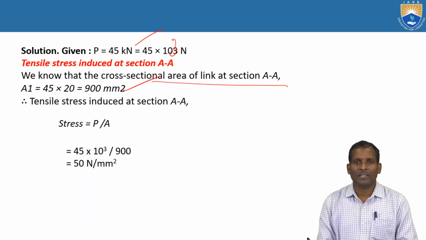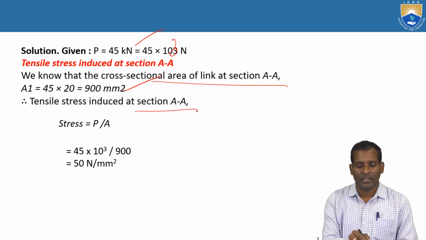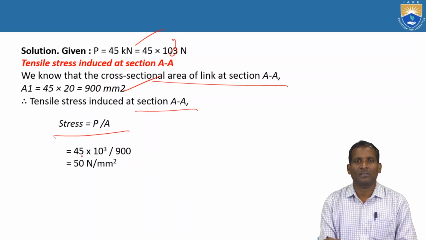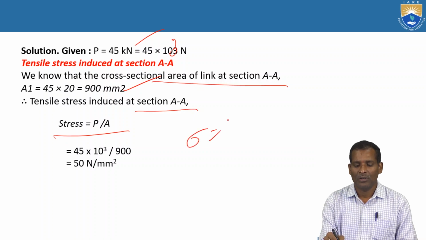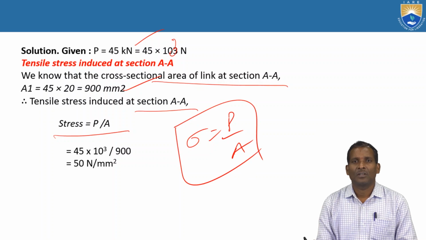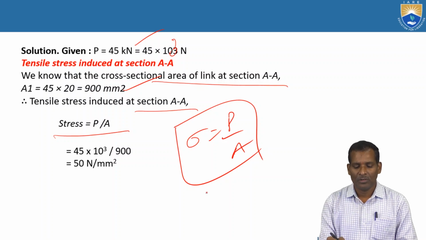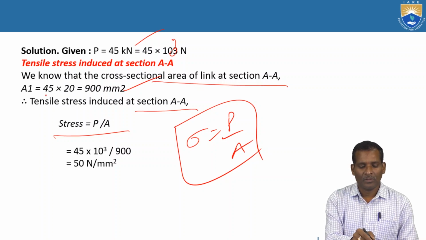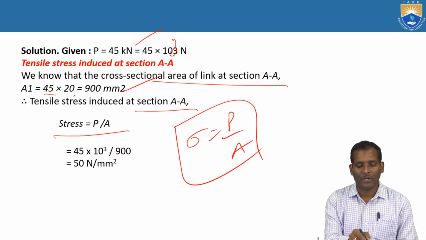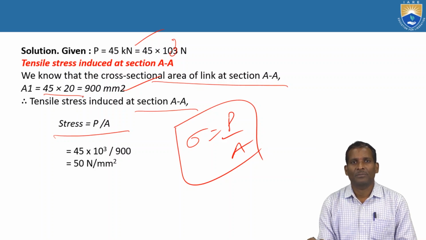Tensile stress induced at section AA you may calculate using the stress relation: stress is equal to load per area. Here the load is 45 kilonewtons, and the section is not circular but rectangular, 45 into 20, length into breadth.